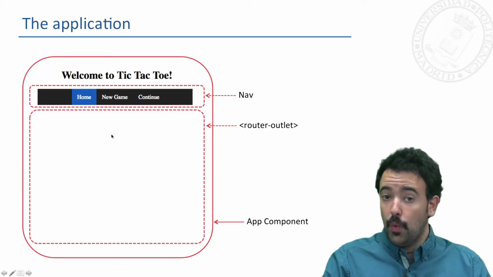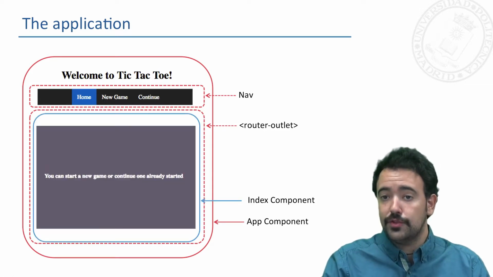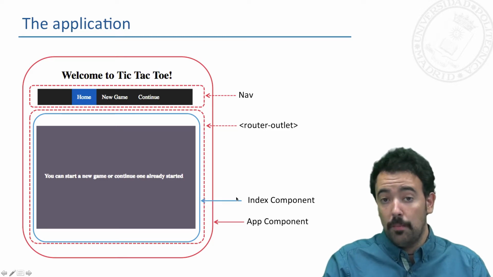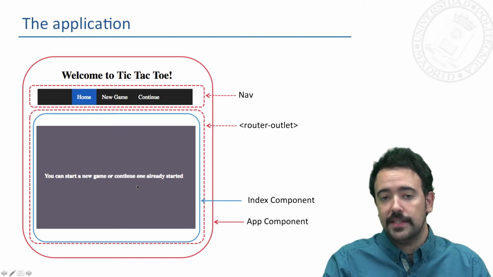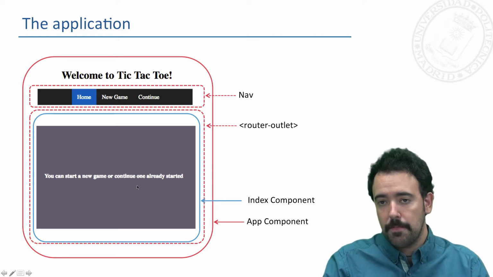Okay, so when the user clicks or navigates to the home component, we will render a new component that is not created in the current version of the application, that is the index component, and that just renders here a welcome message to the application.